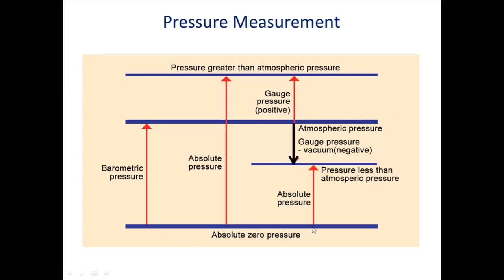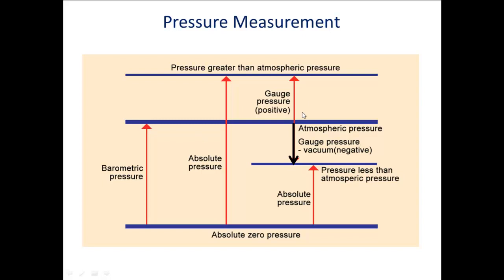Okay. So now to measure a pressure above the atmospheric pressure, consider this is the pressure which I want to measure, right? This much is the increase in pressure when compared to the atmospheric pressure. And already with reference to the absolute zero pressure, atmospheric pressure is at this value.